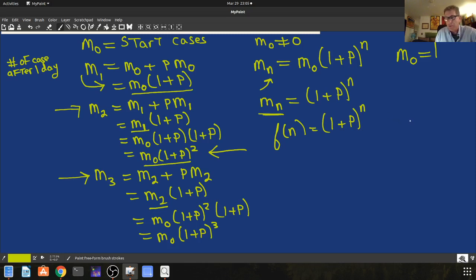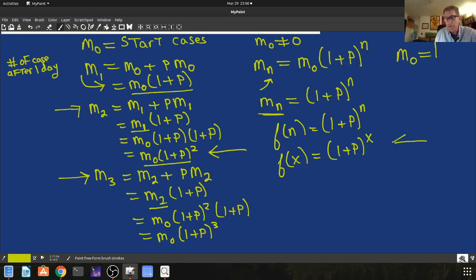But since the natural numbers are a subset of the real numbers, we'll go ahead and extend this function so that it has the domain of all real numbers, and we can write the customary f of x is equal to 1 plus p to the xth power. Since p is always positive, then p plus 1 is greater than 1, so this fits the definition of an exponential function.